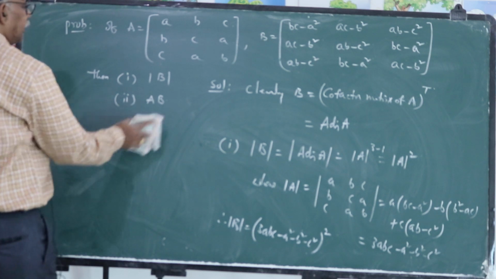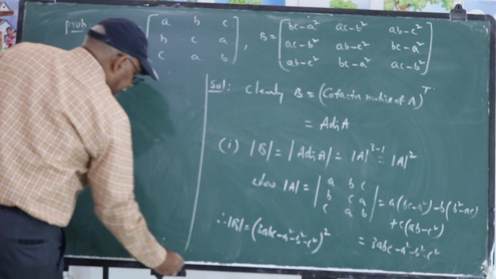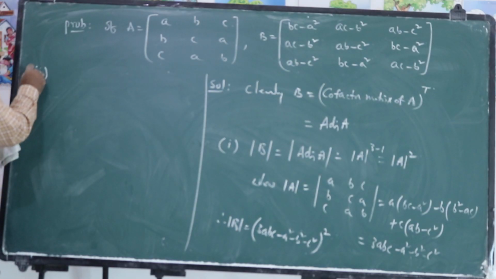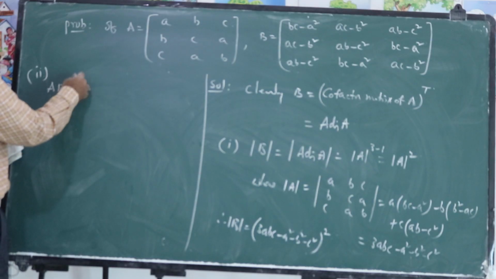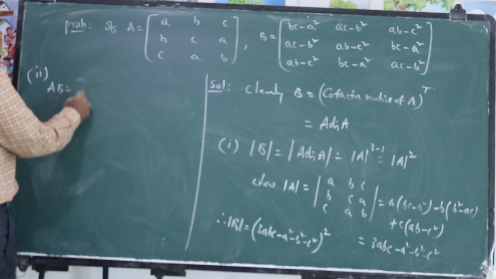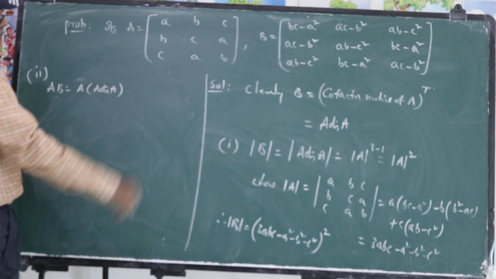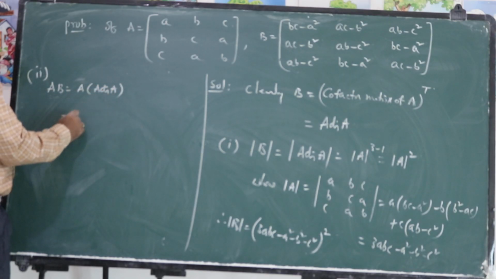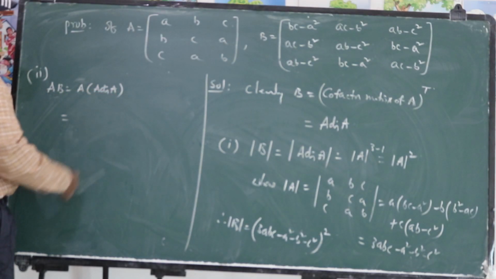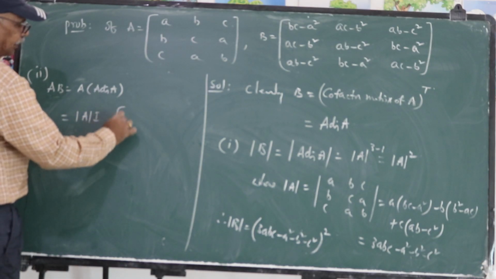Next one, we need AB in the second case. The second case is the product of A and B. The product AB is A into adjoint A itself, because B is adjoint A. We know that A into adjoint of A is det A into I. This is our formula.